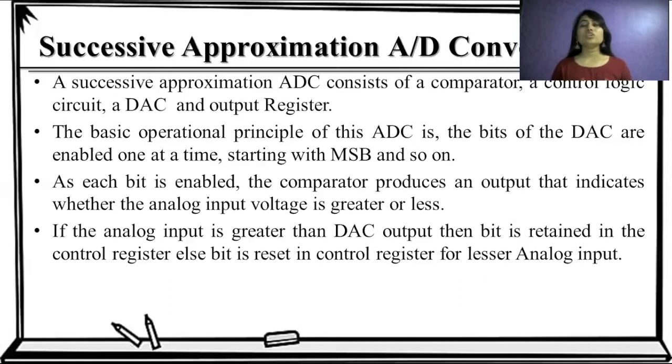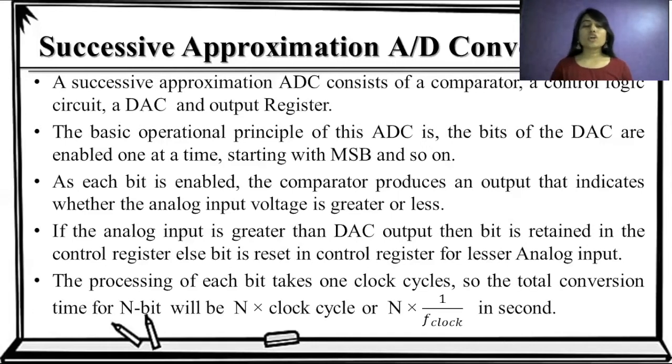Basically, the bits of the DAC are enabled one at a time, starting with the MSB. As each bit is enabled, the comparator produces an output indicating whether the analog input voltage is greater or less, and the bit is retained or reset accordingly.